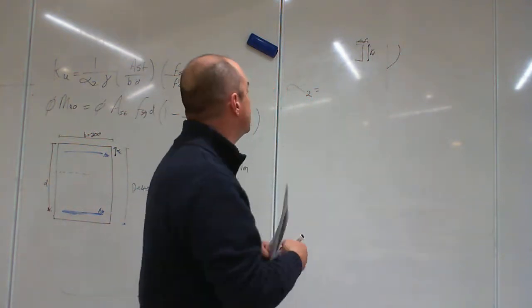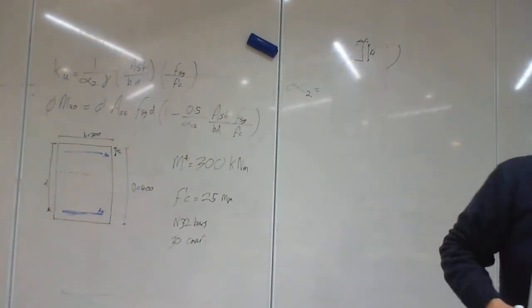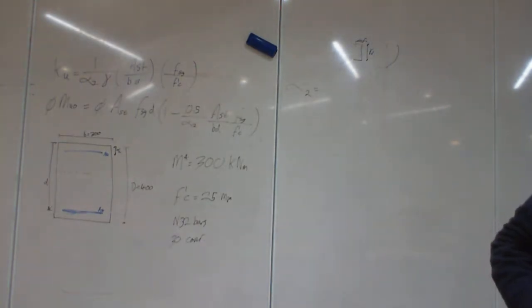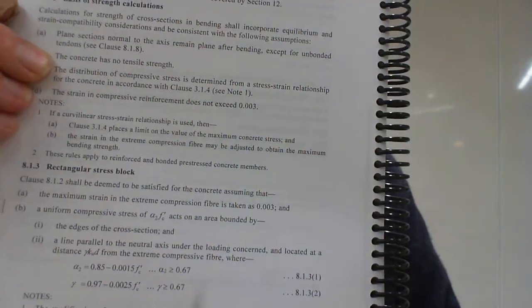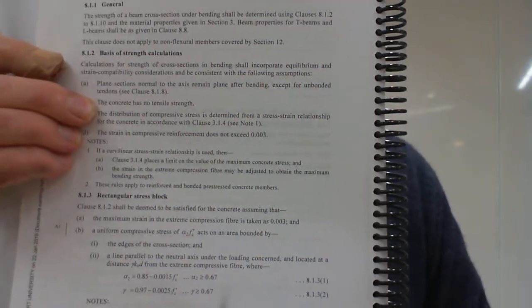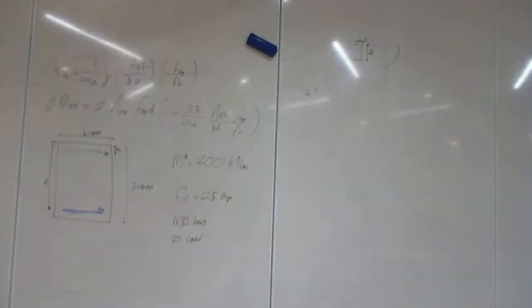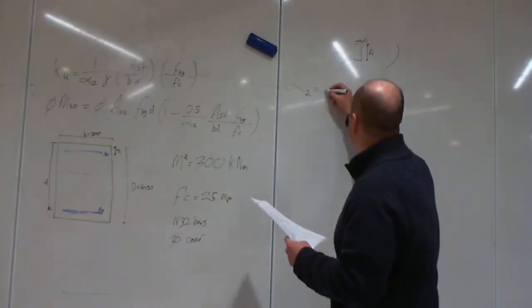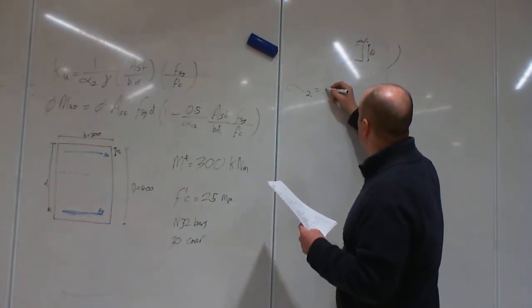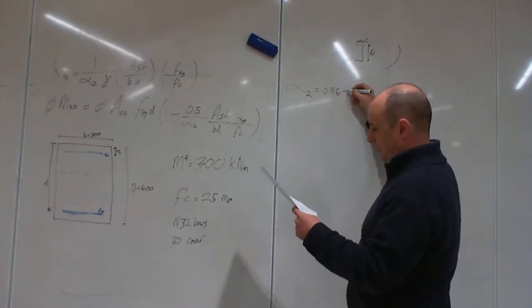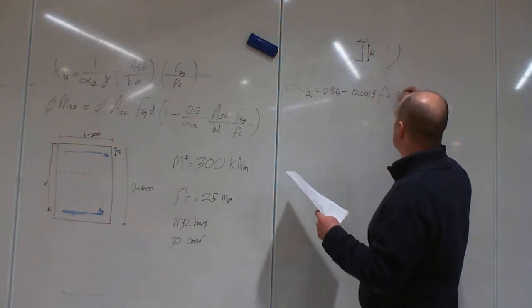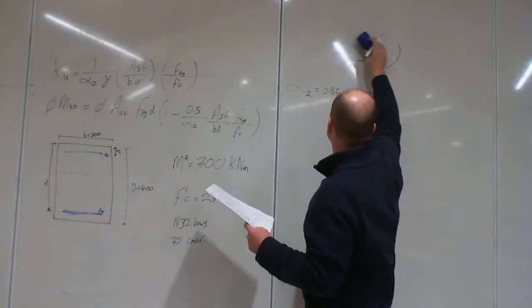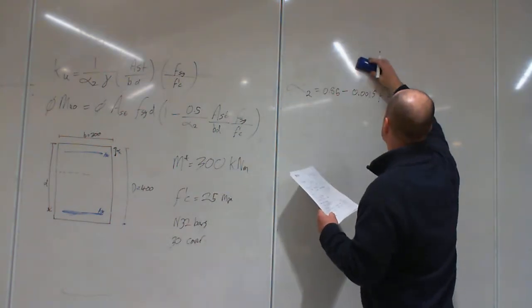Okay? So our alpha 2 comes from clause 8.1.3, and there's a little formula for that. And the formulas for alpha 2 and gamma are revised. They're different in the modern code than they are in the previous code. Okay? So alpha 2 is 0.85 minus 0.0015 F dash C, and that has to be more than 0.67.